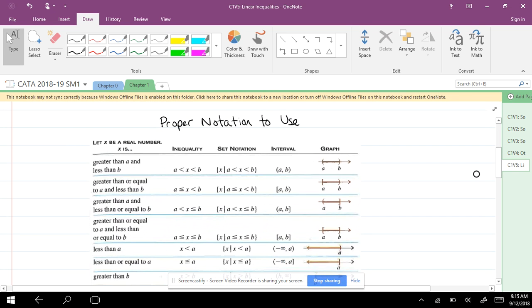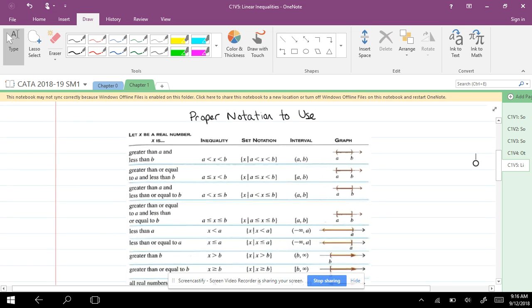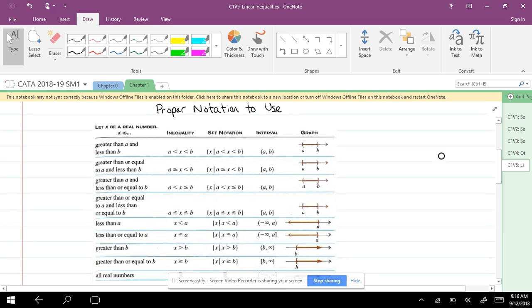Now, I took this next visual out from the textbook because I want to talk about the notation. The main notation that we're going to be using throughout really all of your math classes is interval notation. And you can see that there's all these different inequality examples here.